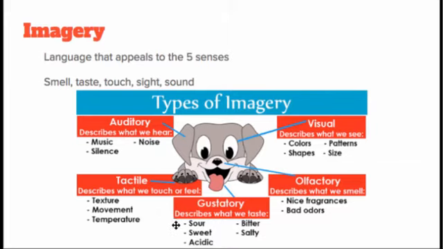So this would be how an author uses taste to help describe a particular situation, place, or thing. This will include smell, of course, and the most obvious, of course, is what we see. So these five senses, when they are being appealed to in writing, we're talking about imagery.